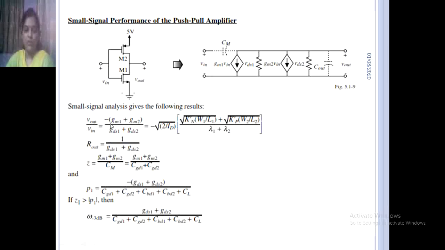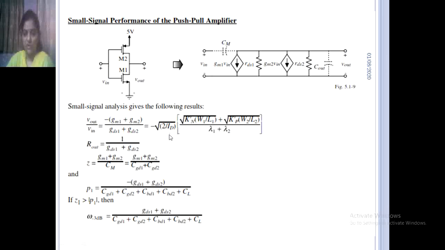So Vout by Vin is minus (gm1 plus gm2) divided by (gds1 plus gds2).